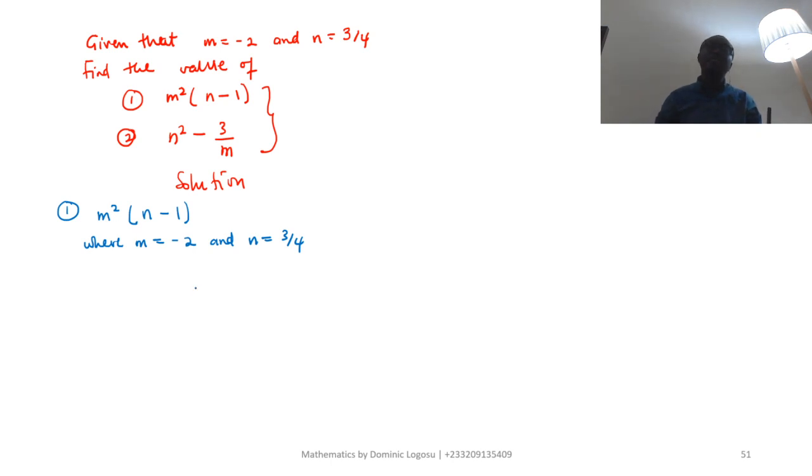So as I said, substitution requires that wherever you see m, you fix in -2. Wherever you see n, you fix in 3/4. So let's go ahead and do that. And besides everything that you need, you make sure you fix it into a bracket so that you don't get confused. So I'll open my brackets, fix in -2, and I'll bring the square. There's a bracket. I have 3/4 minus what? 1. Are we okay? 3/4 minus 1.